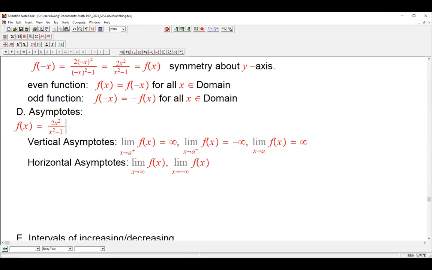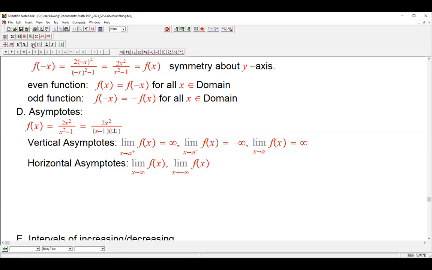So the function is as such, and if we factor the denominator, it is the product of x minus 1 times x plus 1.